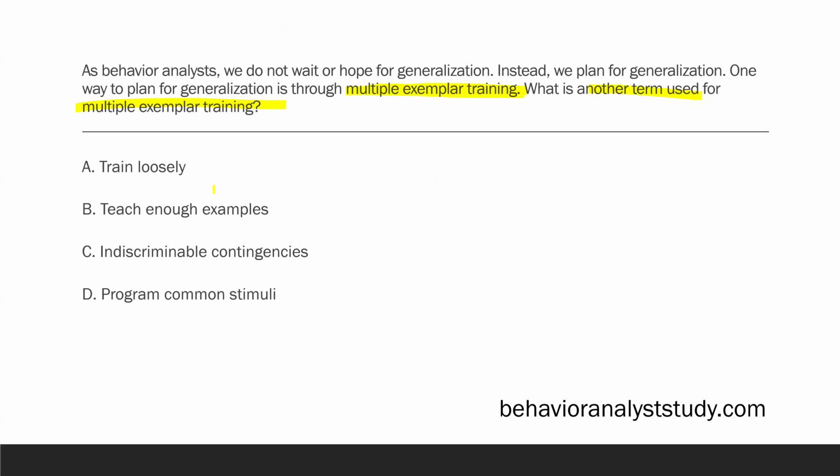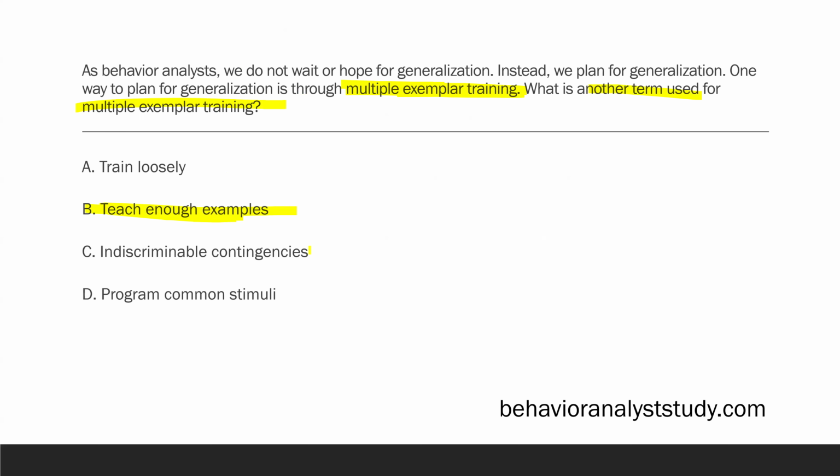A, train loosely. When we're training loosely, we're just varying non-critical aspects of the environment. It's not necessarily trying to teach a bunch of examples. If you look at B, though, teach enough examples is exactly what we're doing with multiple exemplar training. These are referred to as essentially the same thing.